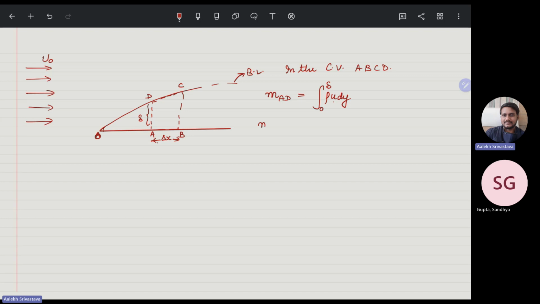Now what is the mass BC? It is mass of AD plus del x of mass of AD into delta x. So if you increase for the length delta x, this is the increased mass.